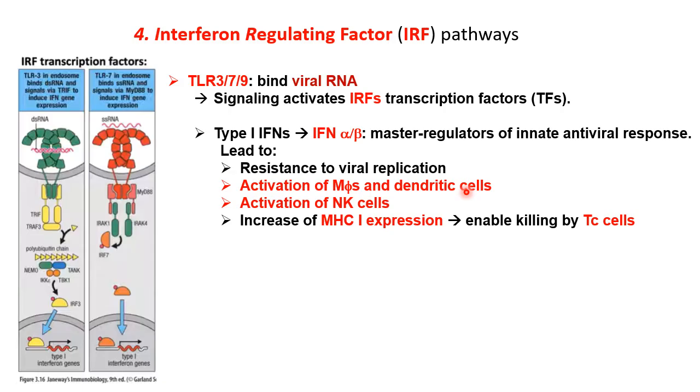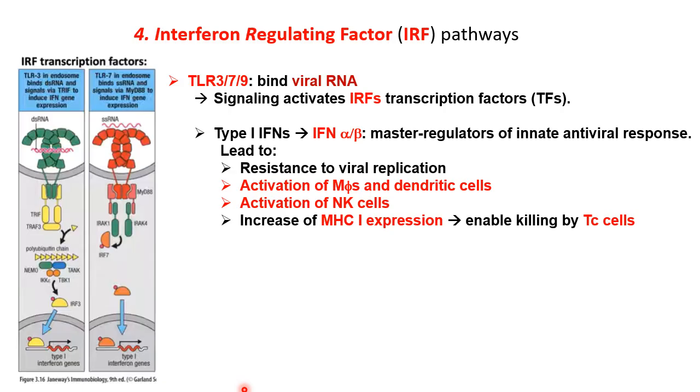Besides those genes, you can also activate your macrophages, the dendritic cells, and look at this, your natural killer cells, all right? And besides all of this, you're going to start increasing the expression of that MHC1 molecule. And that is what's going to present peptides to T cells.